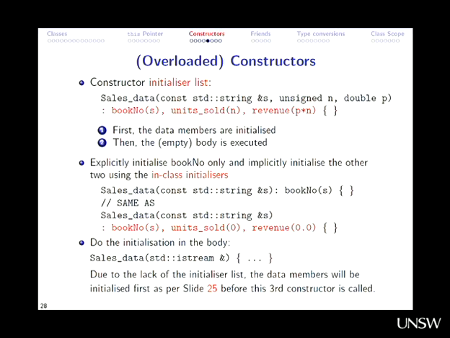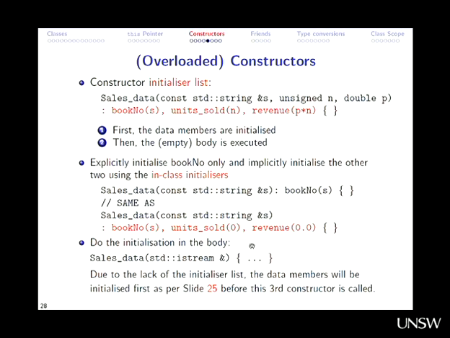But looking at this top one, you see how we didn't initialize unitsSold or revenue in this top one? That just default initialized. So that's the equivalent of doing, if we look on the left-hand side over here, unitsSold 0, revenue 0. So that top constructor, where we didn't supply the values for unitsSold and revenue, gets default initialized to 0 like that.